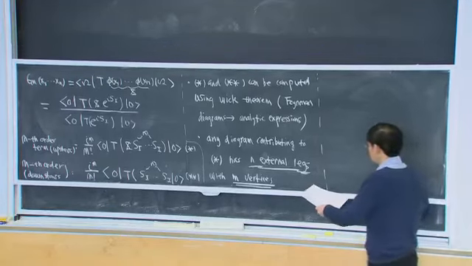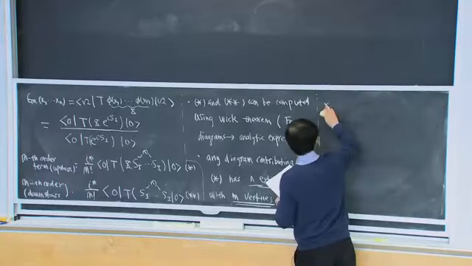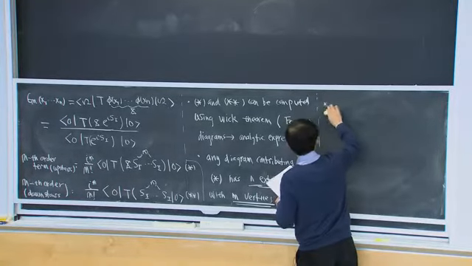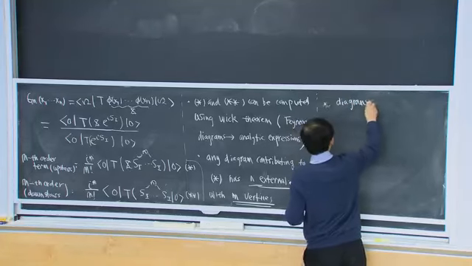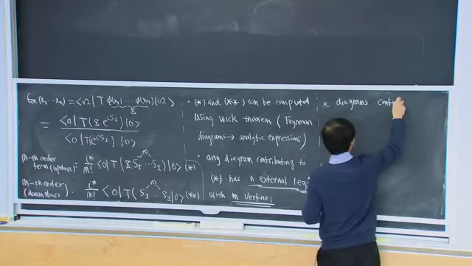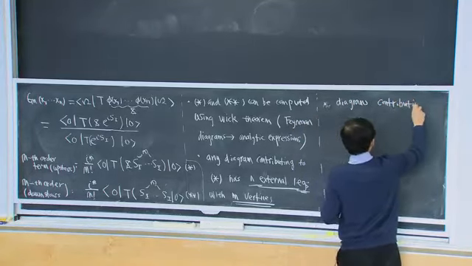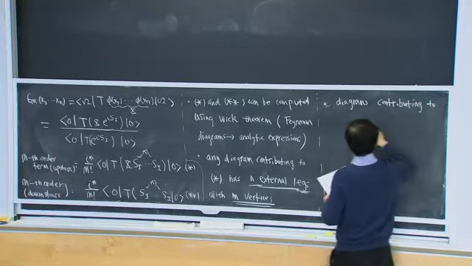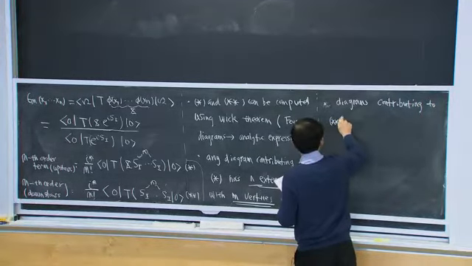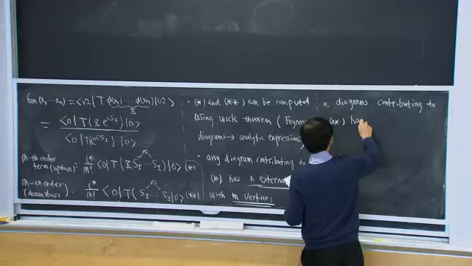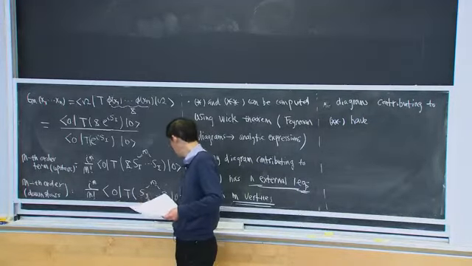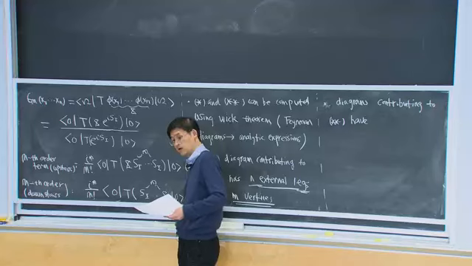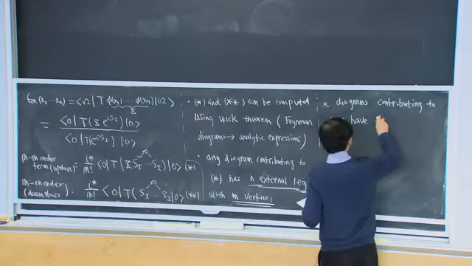But for star star, diagrams contributing to star star have no external legs, because there's no φ(x) here. There are no external legs.